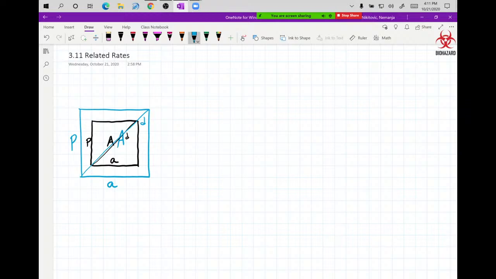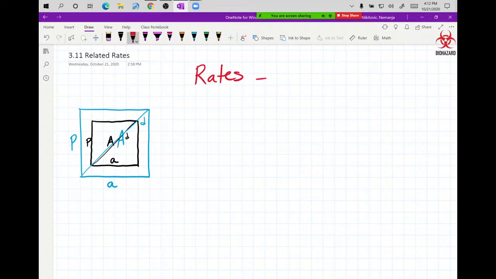And since calculus is the science that measures change, we really want to study how these concepts change in relation to each other, which is why it's called related rates. Rates, as in derivatives taken in time.